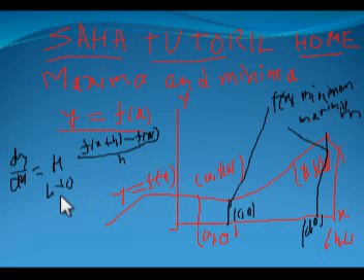Now h tends to 0 means h tends to 0 plus and 0 minus, from both the minus side and the plus side.